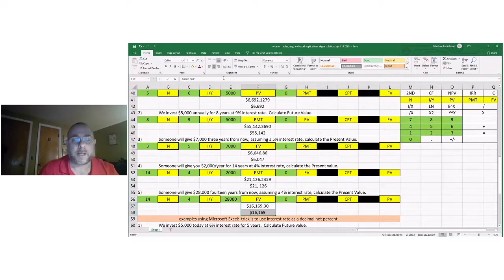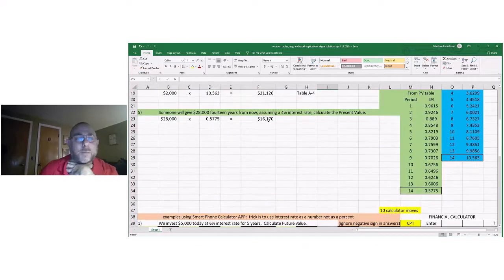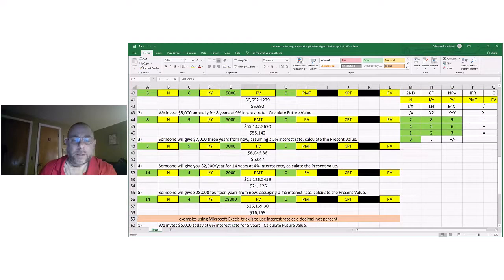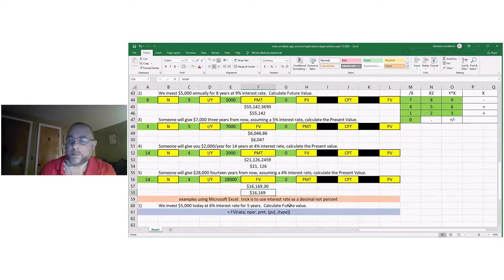Let's compare that to the answer we got up top, 16,170, so off by $1 compared to our previous results. Now you know how to use tables to calculate future value and present value. You also now know how to use your app.